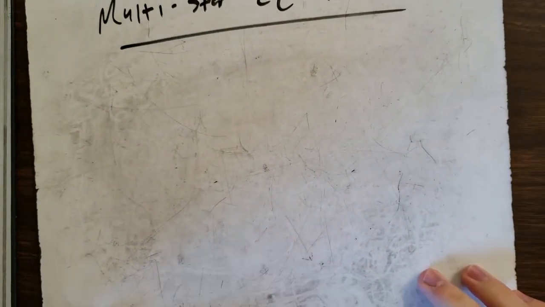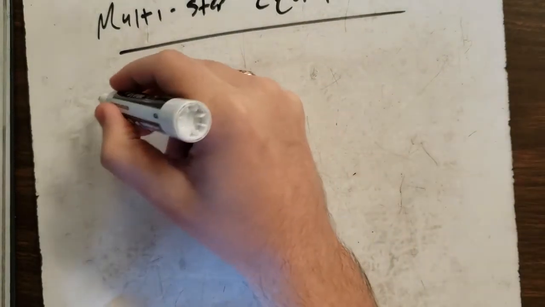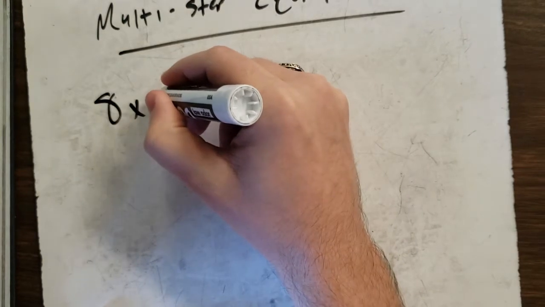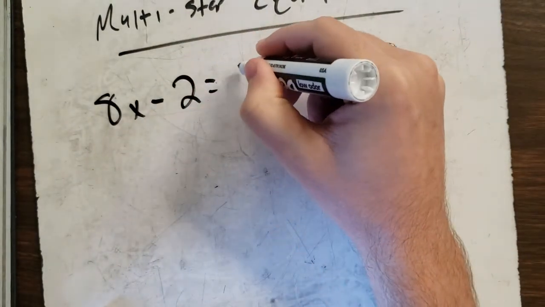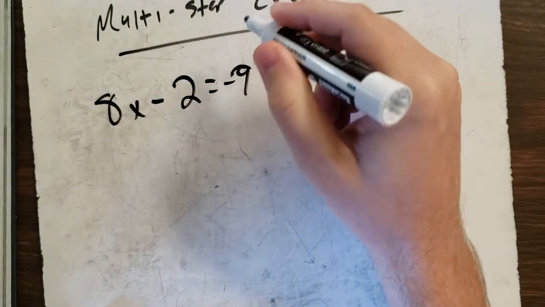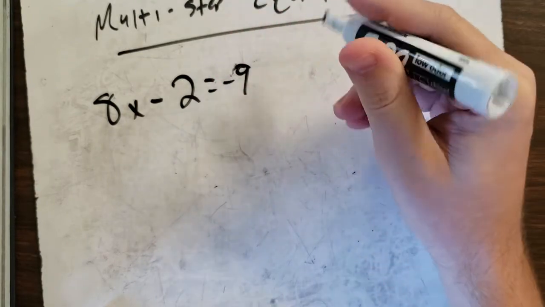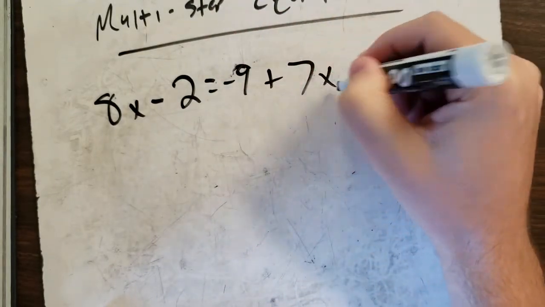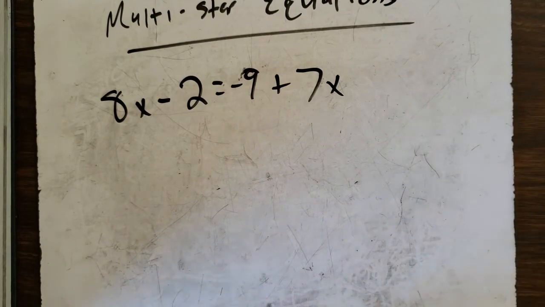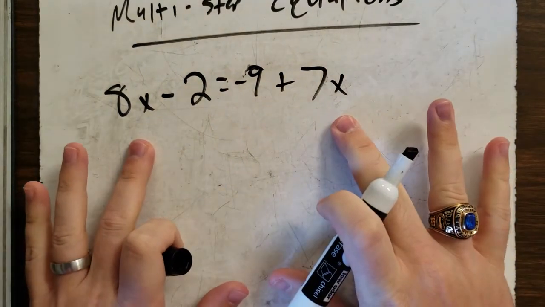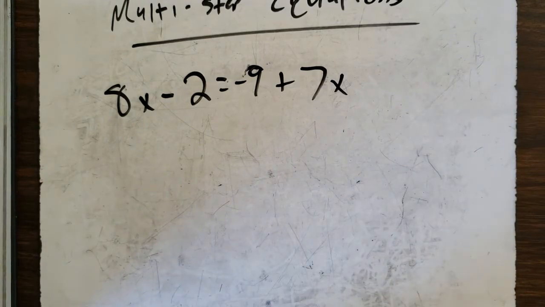Okay. Next example, 8x minus 2 equals negative 9 plus 7x. So now, if you look at this, we have our variables on both sides of the equal sign. I know you've done this in the past.